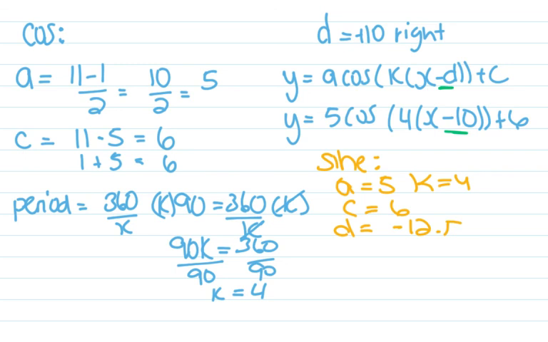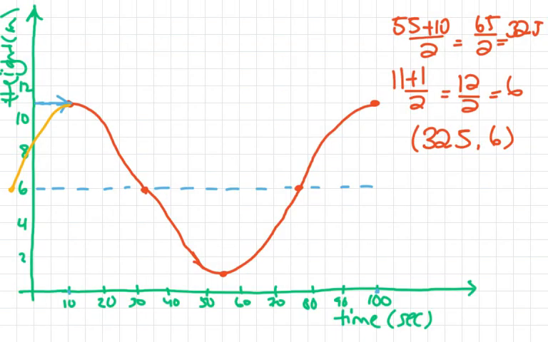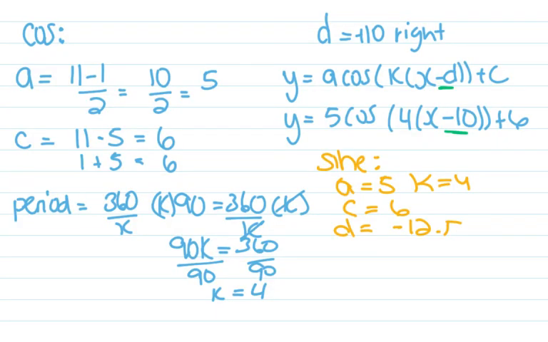Because we would have to go back 45 from this 32.5. Back up 45 because this difference here is 45. So plugging this information in, we'll have y equals 5 sine(4(x plus 12.5)) because we're inserting a negative, plus 6. And that's the equation.